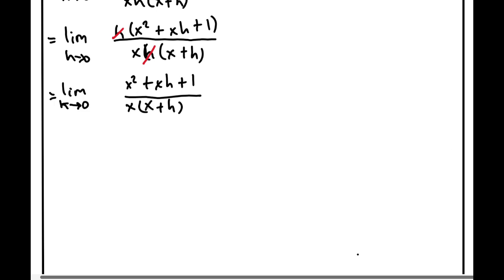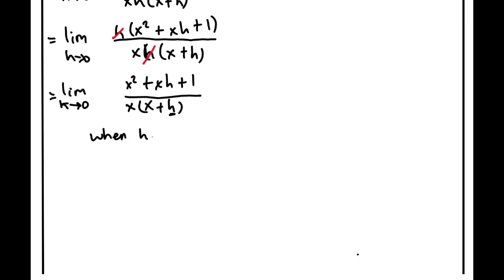Now, we still have h in the denominator here, but notice that this h doesn't cause division by 0. So we are fine to apply the limit. So here we simply say when h approaches 0, we plug in 0 wherever we have h. So this becomes x squared plus x times 0 plus 1 over x, open brackets, x plus 0.